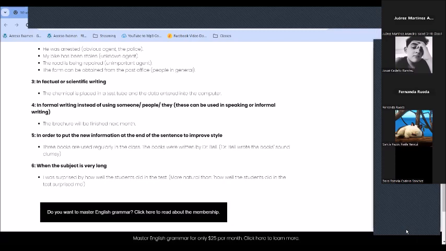All right, Isabel, number 5. In order to put the new information at the end of the sentence to improve style. Three books are used regularly in the class. The books were written by Dr. Bell. Okay, right.